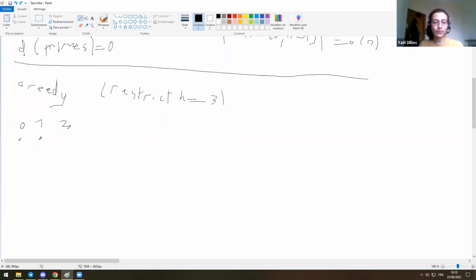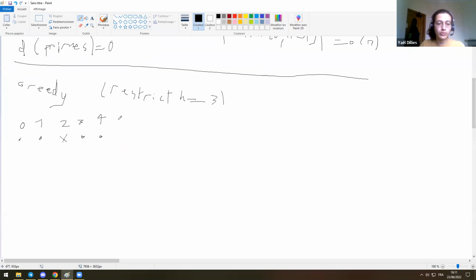So if we restrict to k equals 3, we take 0 because there's nothing yet. We take 1 because there are no arithmetic progressions of length 3 possible with 0 and 1. And then if we take 2, we get 0, 1, and 2, which is an arithmetic progression, and that we don't want. So we skip 2. Then we take 3. And then we can quite easily see that we can actually take 4.